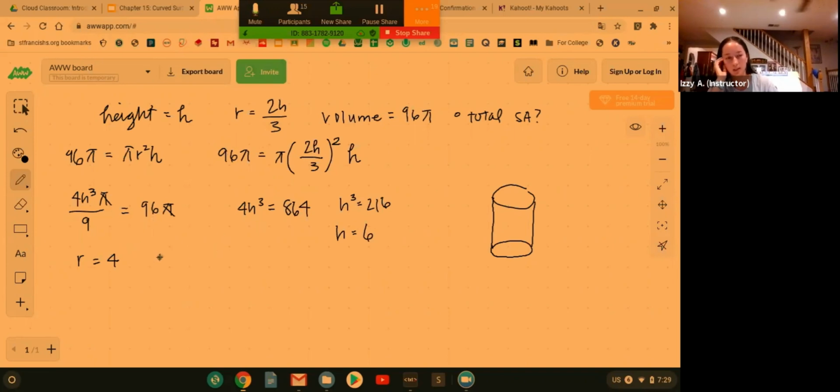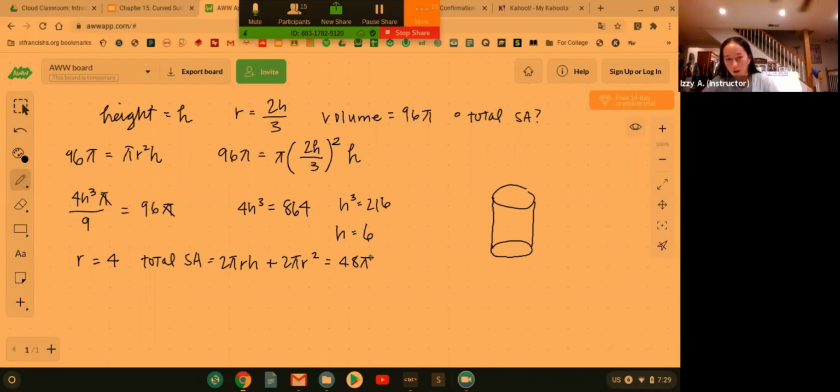And that means that the total surface area is going to be 2 pi rh plus 2 pi r squared. If we plug in the values, we would have 4 times 6, 24 times 2, that's going to be 48 pi.